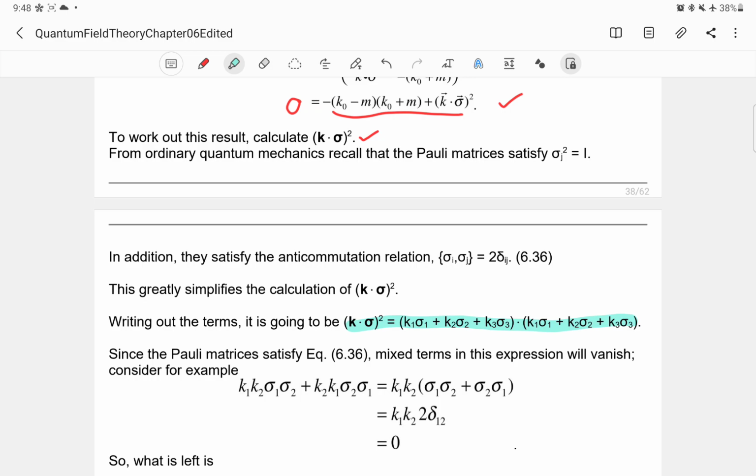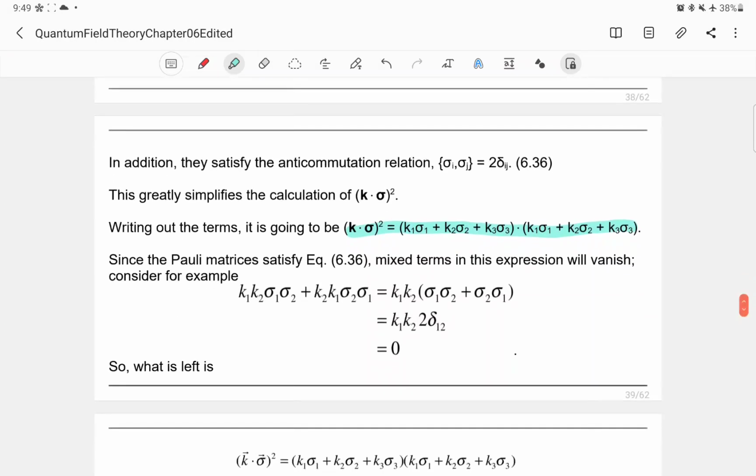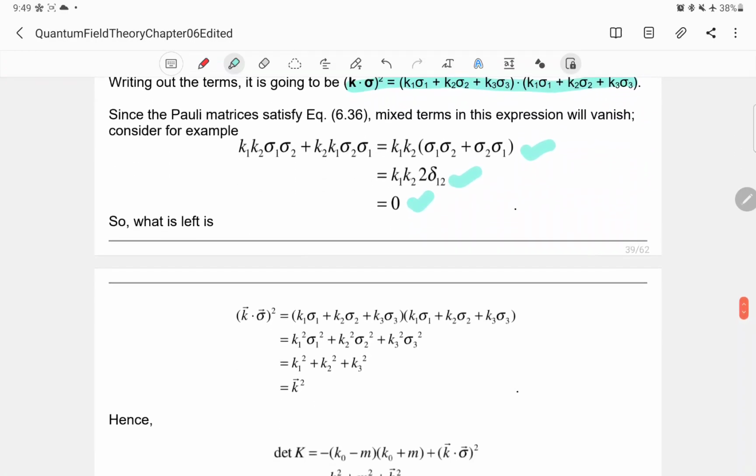There are 3 terms which are products of the same k and the same sigma, but the rest are combinations of 1 2, 2 3, and 3 1. If you simplify them, you will have these ones, and these are just equal to the Kronecker delta, which is just zero, of course, if you have different indices.